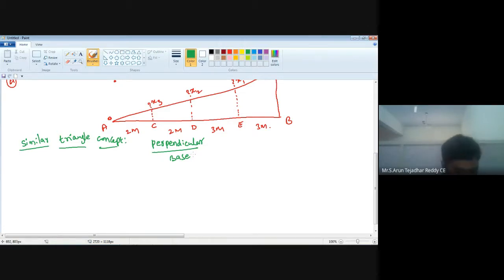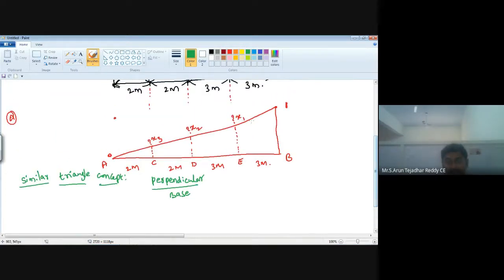Now, first of all, I need the x1 value. By similar triangle concept, the first triangle is A, B and up to the maximum intensity. This is your first triangle.